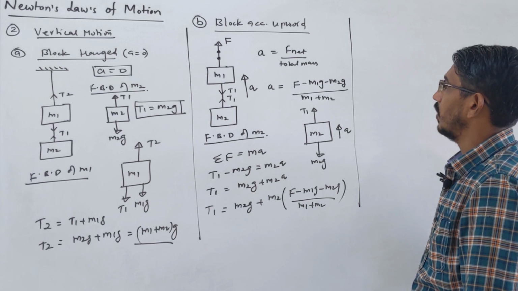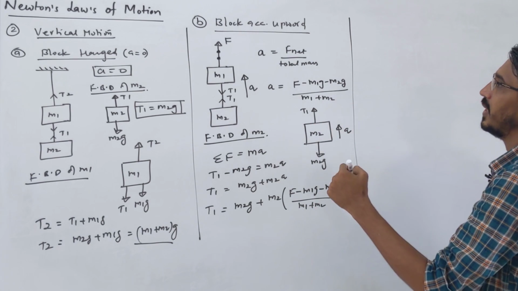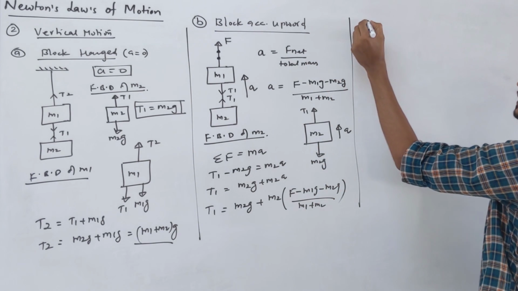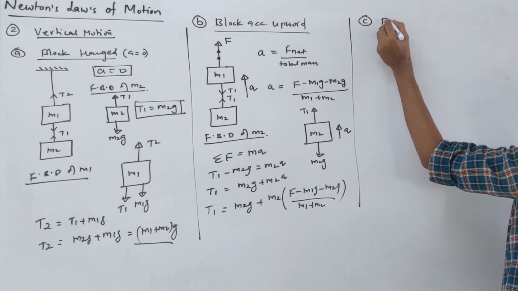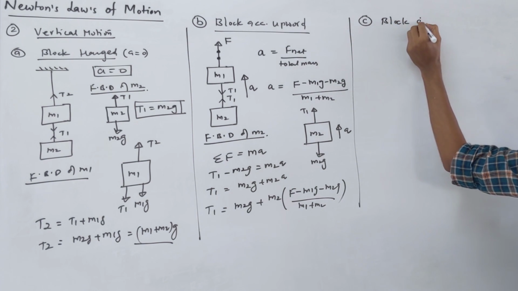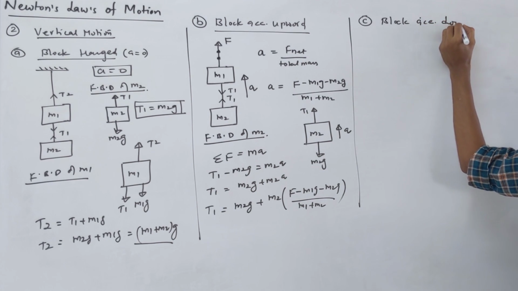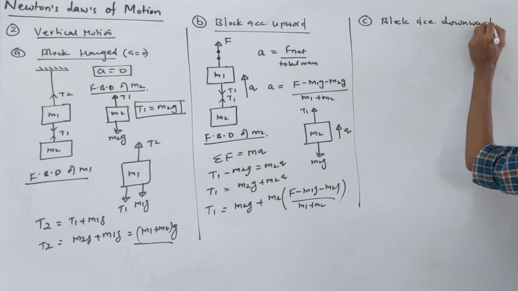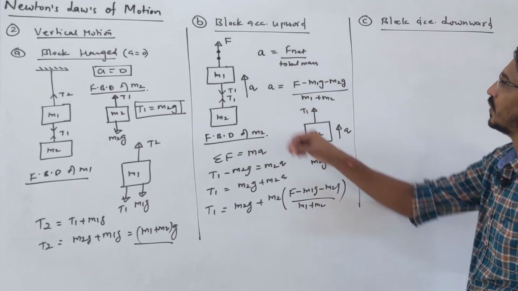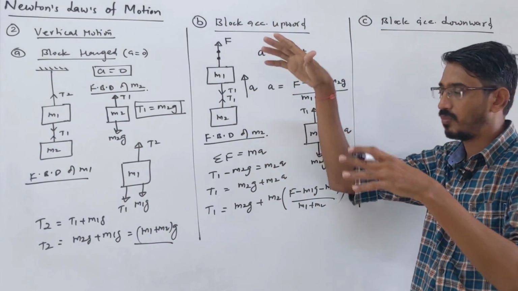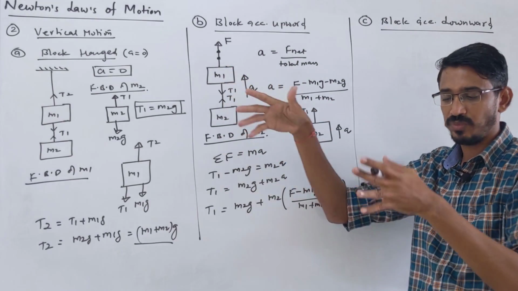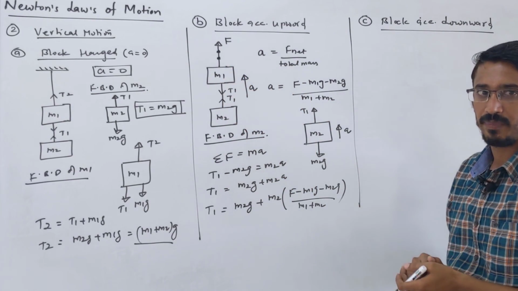Yeah. So, okay, now let's talk about the third case. Suppose they are accelerating downward, case C, okay? Blocks accelerating downward. Suppose the force applied is small, so the blocks don't move up, and these weights are heavier, so they move downward.